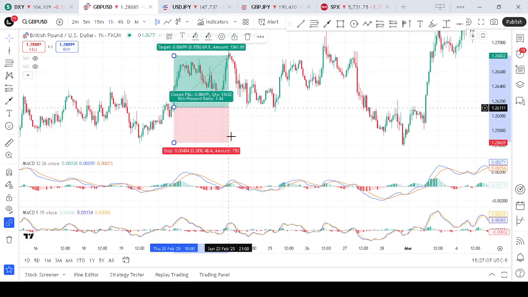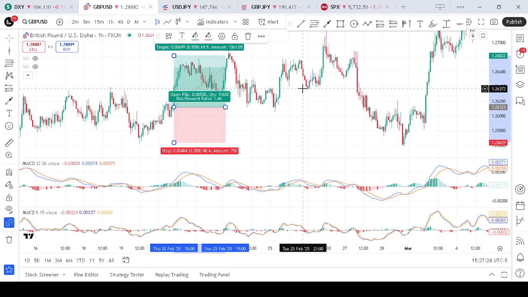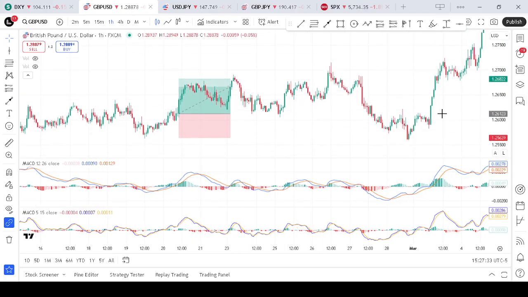So in this trading example, we would exit our trade in this area when we see that the MACD line has crossed over the signal line. This indicates that the momentum is weakening and it may be time to close your position. Alternatively, you can exit at a key support or resistance level.